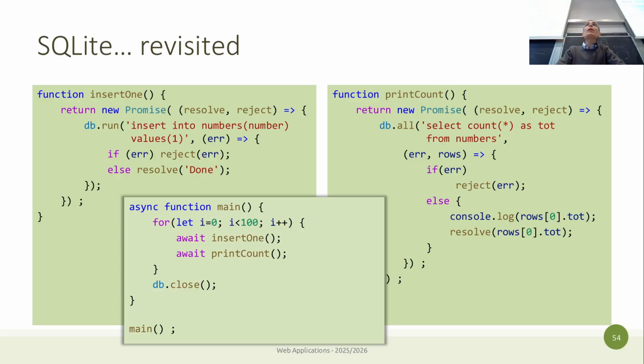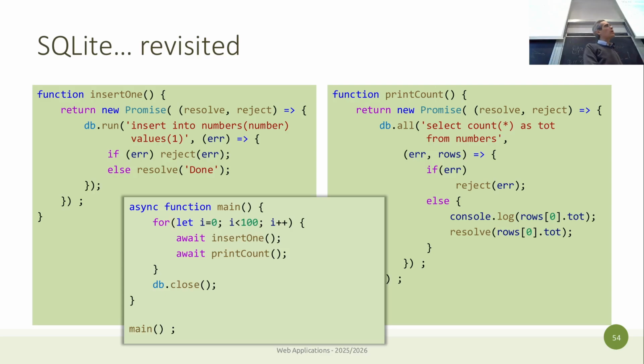And with the await, it's actually very, very simple. You see, there's a loop 100 times, just await, await, await, await. That's what you wanted in the beginning, right? So actually we wanted to do an insert and count, insert and count, insert and count. And we started from a condition where we had callbacks and we didn't know where to put the code.